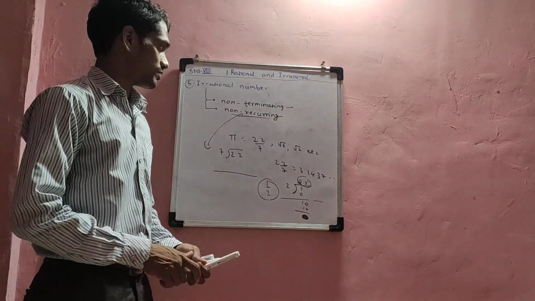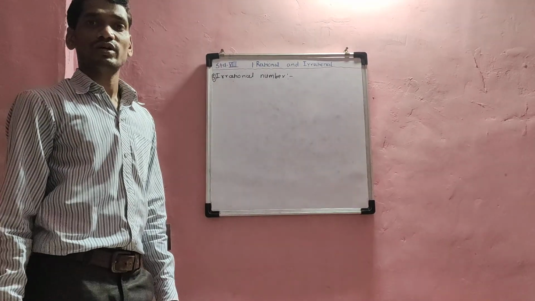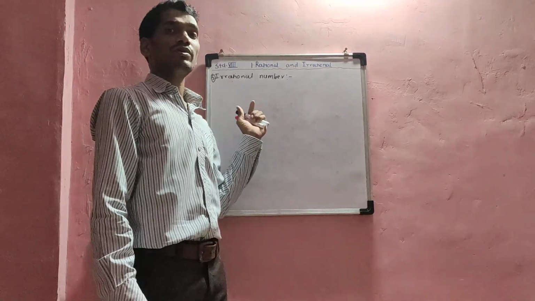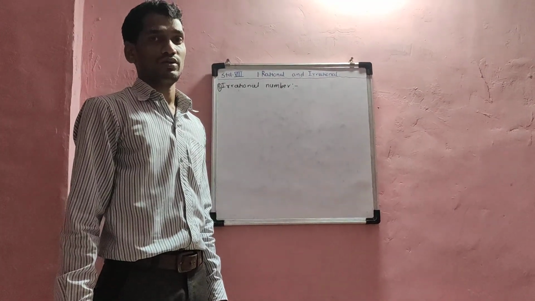Okay students, so we have discussed the irrational number. Irrational number means a non-terminating, non-recurring number.